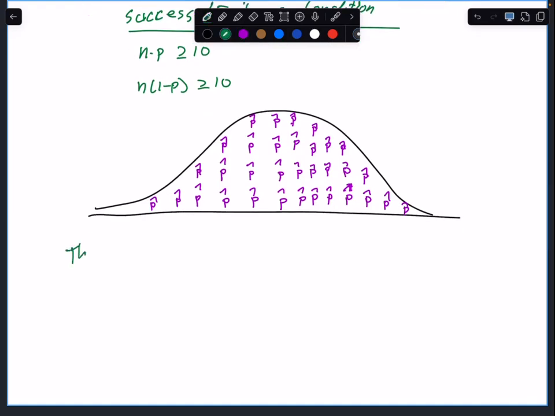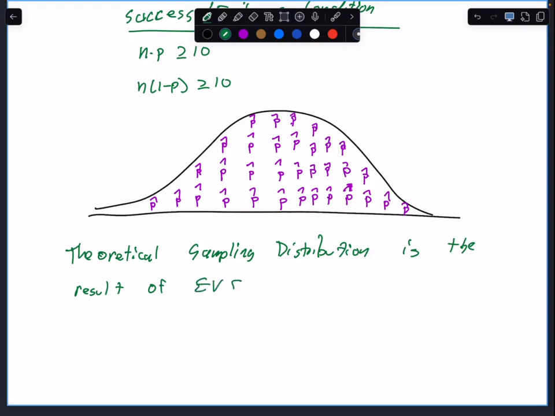Now, the theoretical sampling distribution is the result of every possible sample of size n from the population.